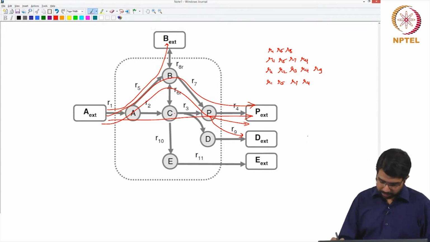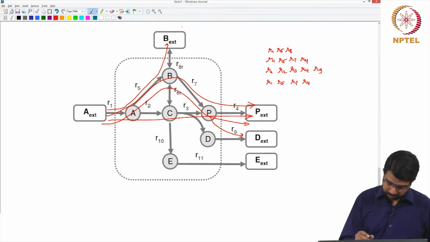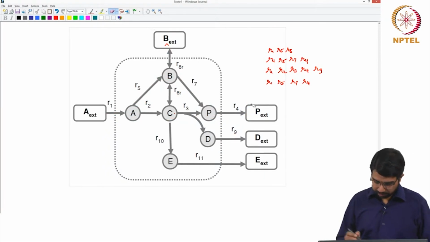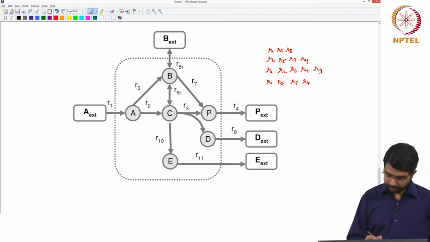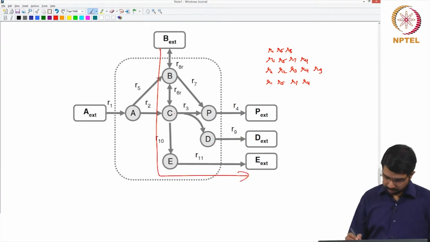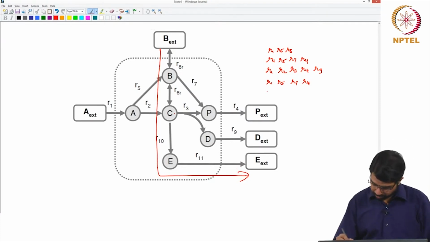Right. So, next you can have, let us try to clean up the pathways. So, the next pathways we will have, let us start with A. This would be a simple A to E, to X. So, R1, R2, R10, R11, right.